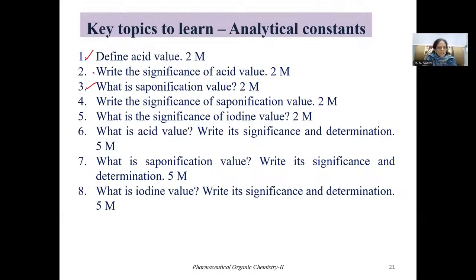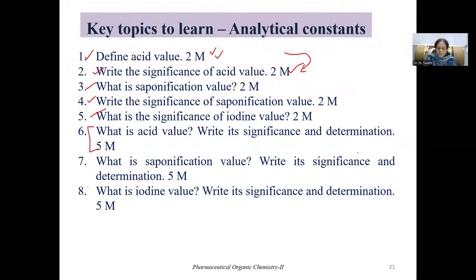Okay, so or write the significance of acid value, write the significance of saponification value, what is iodine value, or write the significance of iodine value. So like this 2 marks questions you may get. Okay, when it is asked, for example, definition, better you define it along with its formula. Okay, and when it is asked about only significance, in that case also give definition of that analytical constant, then give its significance. Okay, and these are some of the model 2 marks questions.